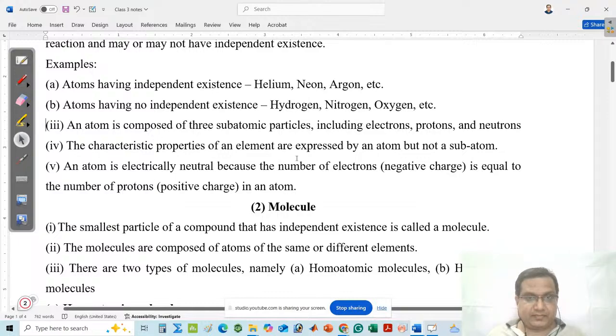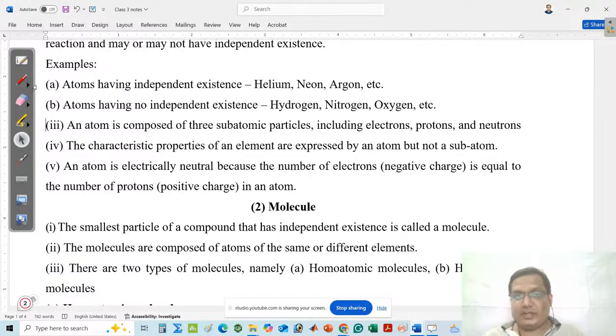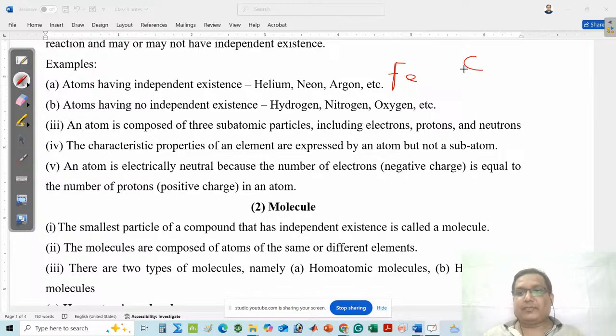Next, the characteristic property of an element is generally expressed by the atom, but not the subatom. Let me explain this point. Suppose I want to think about the characteristic property of an element, suppose I take iron. Otherwise, take carbon.